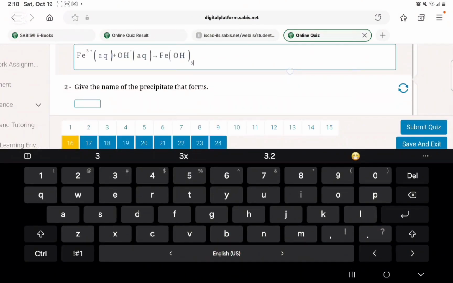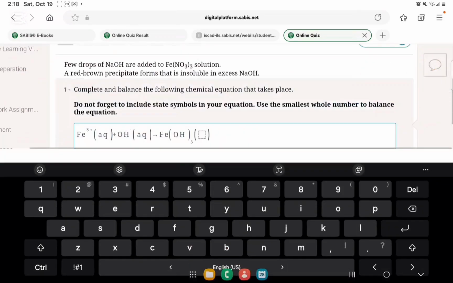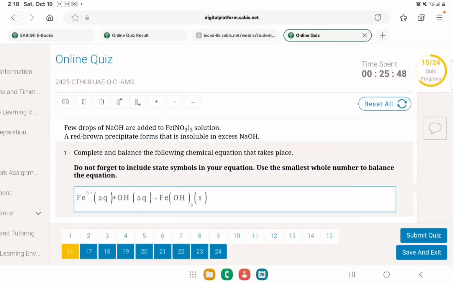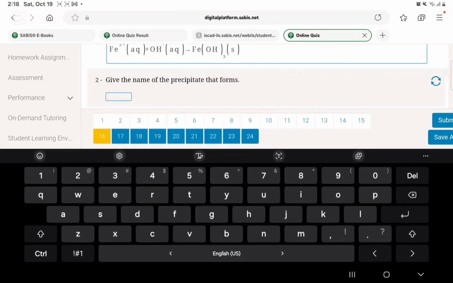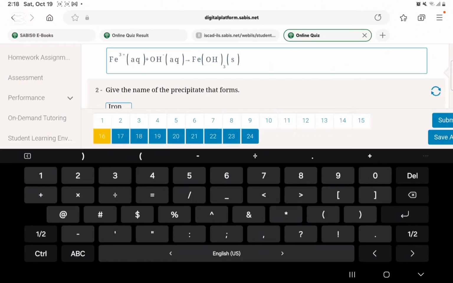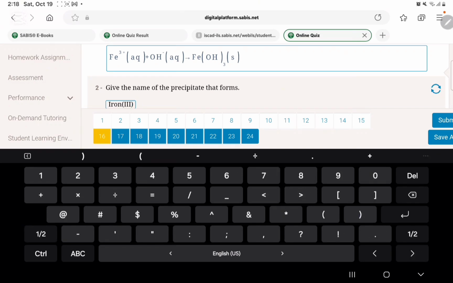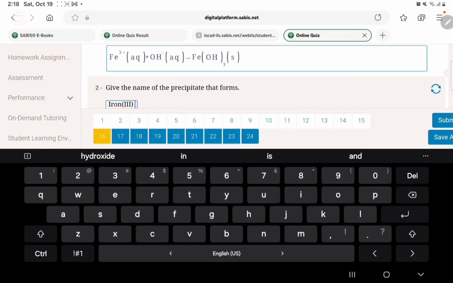Fe(OH)3, that is solid. And again here, Fe means iron, and it has 3+, so III. If you didn't know that, it's a Roman numeral for 3, by the way. And then OH, hydroxide.